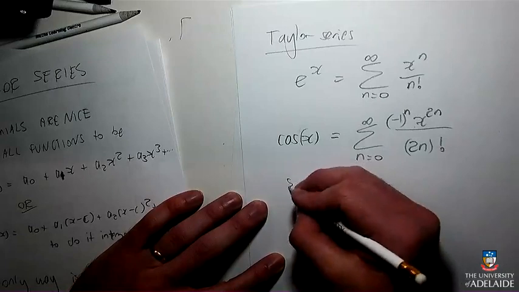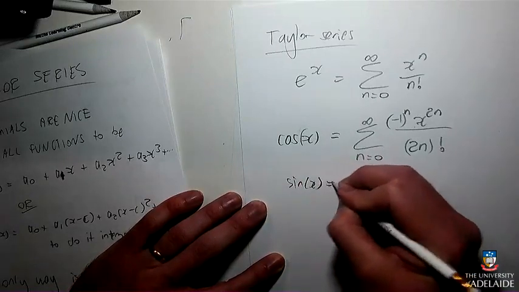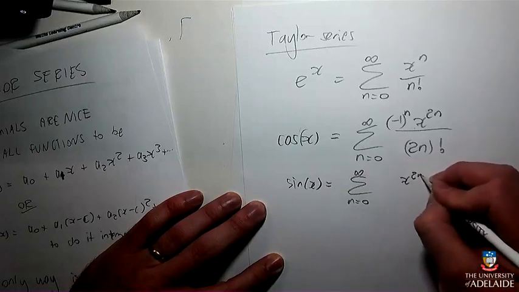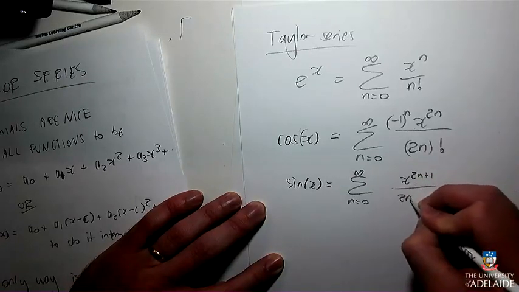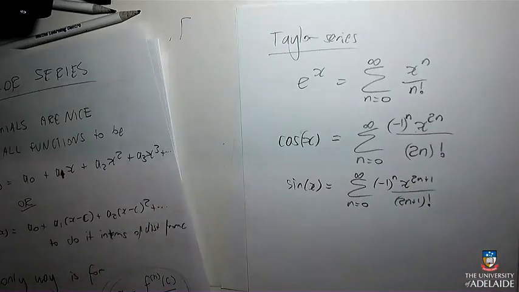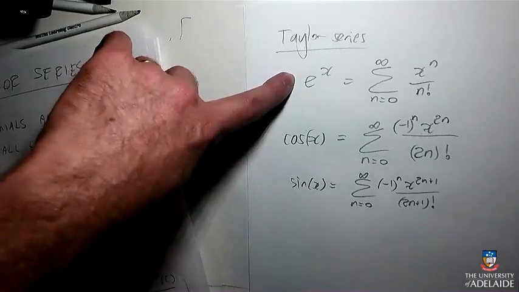And sine x is the odd ones. I'm pretty sure you're supposed to remember those. You're definitely supposed to remember the one for e to the x.